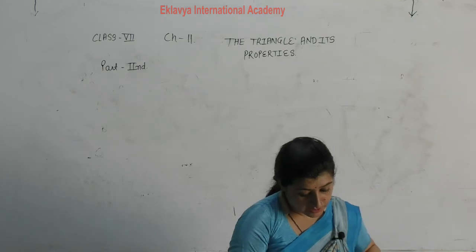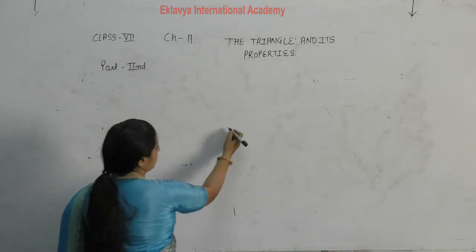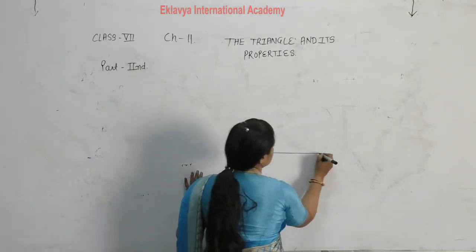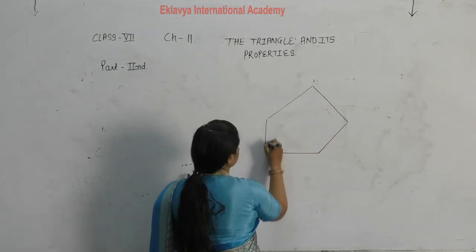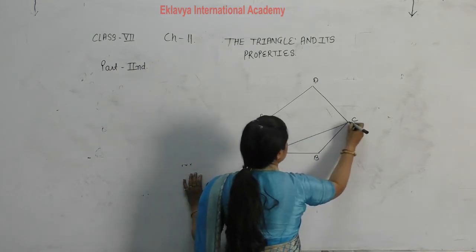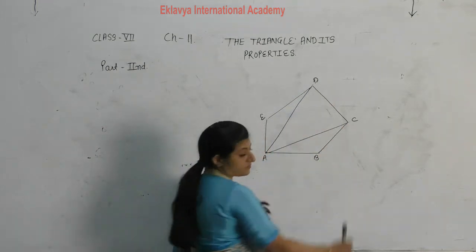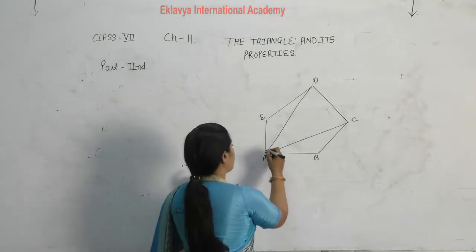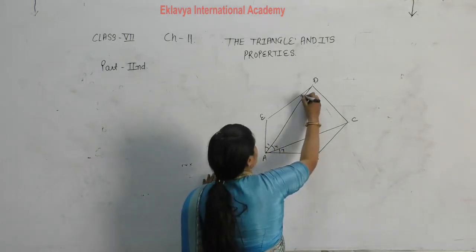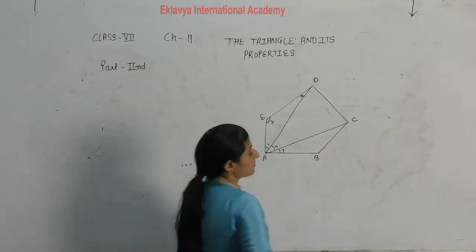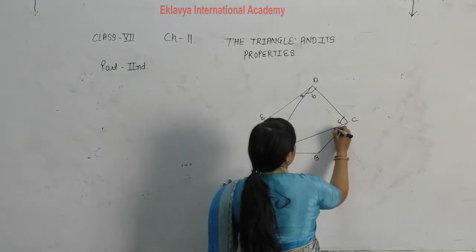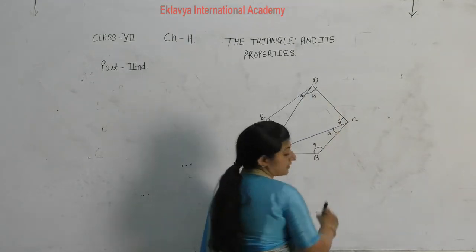In the given figure, there are 5 vertices, A, B, C, D, E. Angles numbered 1, 2, 3, 4, 5, 6, 7, 8, 9.